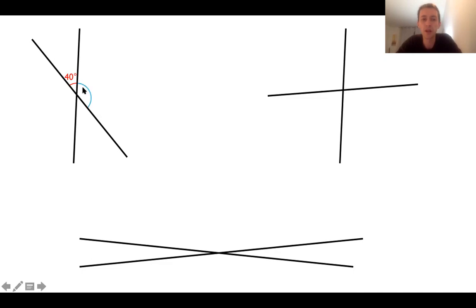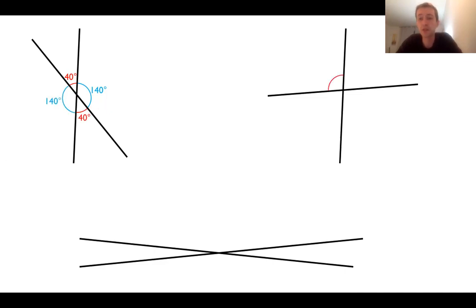You're going to work out that this has to be 140. Now, let's do this angle over here. Well, it's vertically opposite the 40-degree angle, so it must also be 40. And then this angle is vertically opposite the 140, so it also has to be 140.